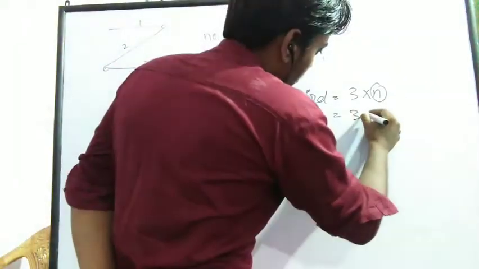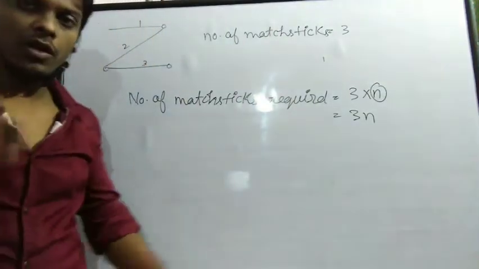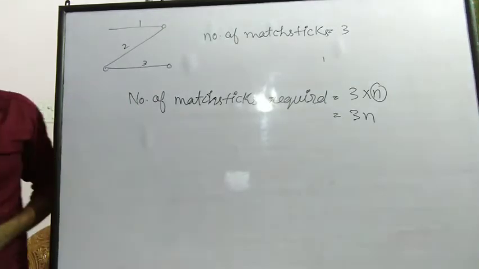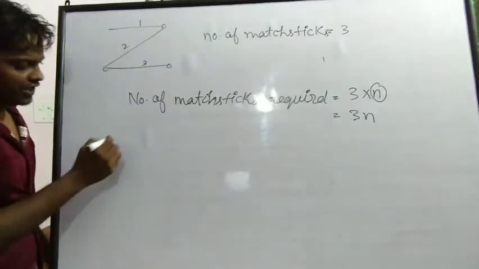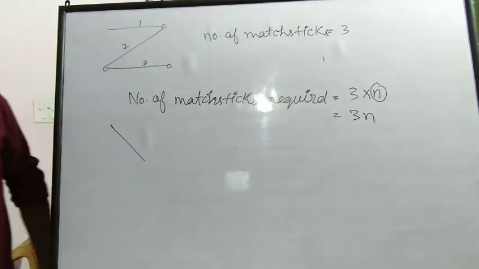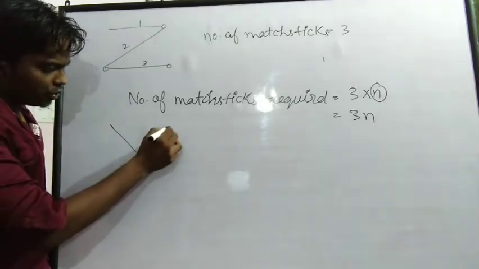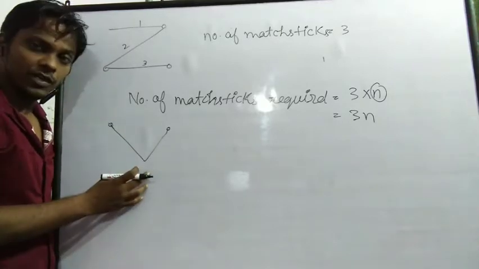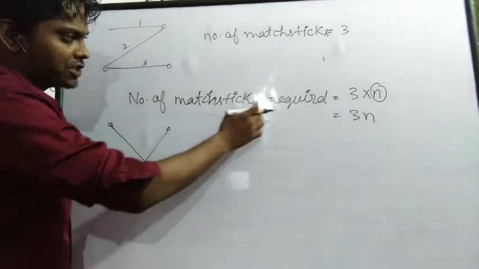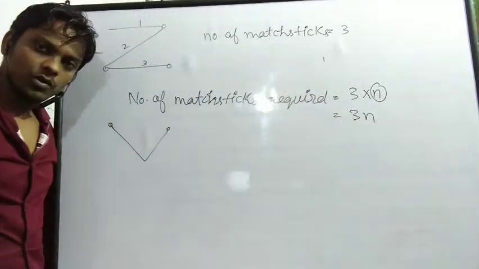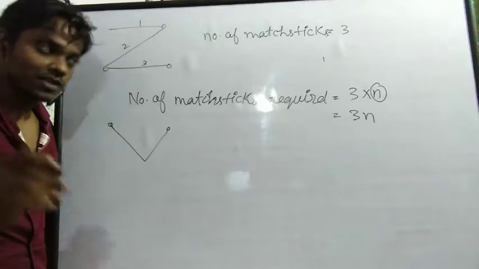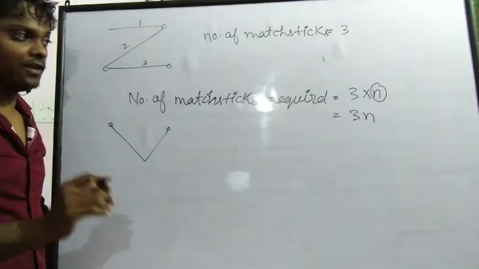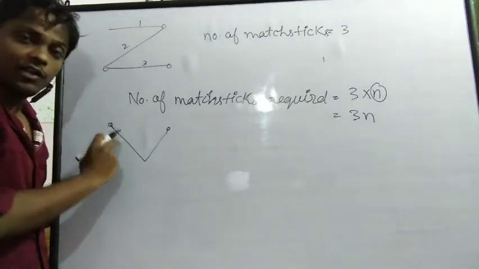So it will become 3n. 3n is your formula for this kind of shape. In the same way, we will see for V. 2 sticks are required to form the shape V. So the number of matchsticks required is equal to 2 multiplied by n. This is your formula for this kind of shape.